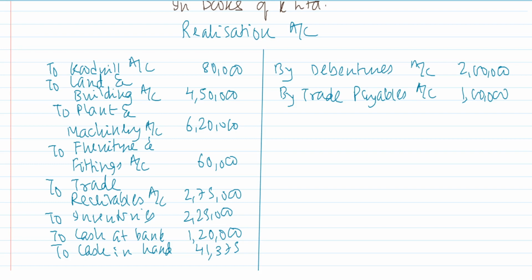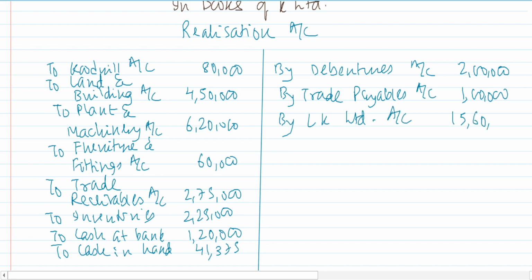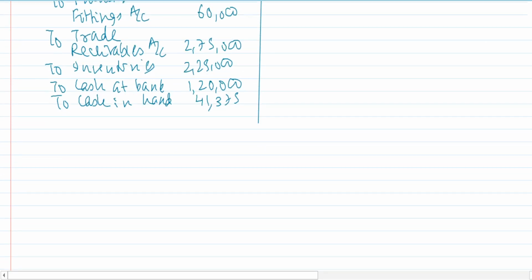My third accounting entry will be for purchase consideration due. Purchasing company account debit to realization. Purchasing company is LK. I'm crediting the realization by LK Limited account. Purchase consideration is 15,60,000. Isn't it 15,60,000?